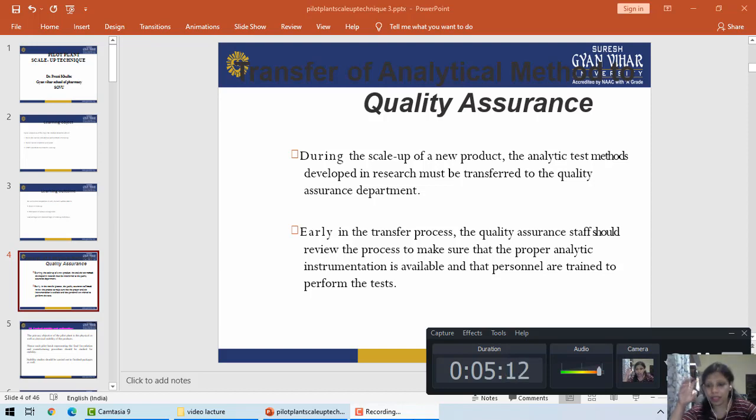If there is a specific test related to the new dosage form, they can modify, they can train their professionals accordingly, and they can arrange the instrumentation and the chemicals also. So early transfer of this analytical process to the quality assurance department is mandatory, or we can say it is beneficial.